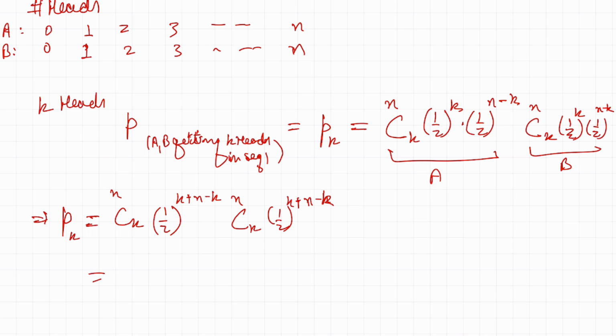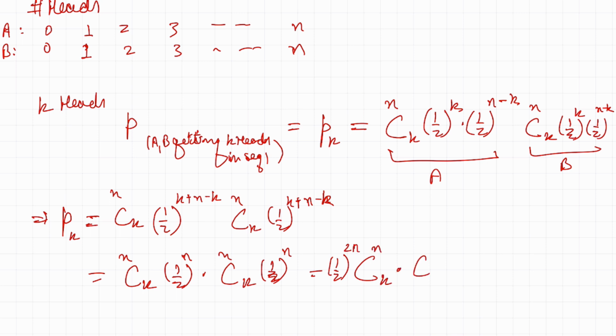So this will simplify to nCk half to the power n times nCk half to the power n. And I can simplify this further as half to the power 2n times nCk times nCk.